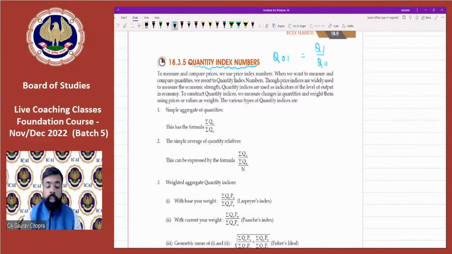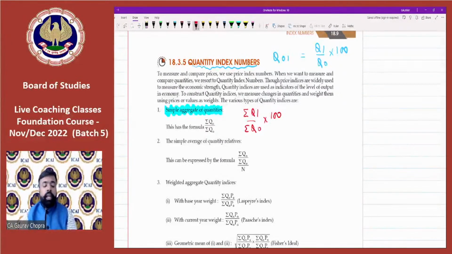Q1 upon Q0 multiplied by 100. Quantity of the current year divided by quantity of the base year and then multiplied by 100. If we have to apply the simple aggregative of quantities, we can use the simple formula sigma Q1 upon sigma Q0 multiplied by 100.